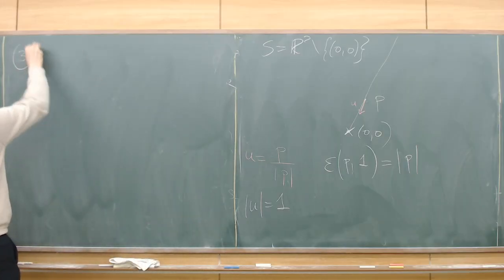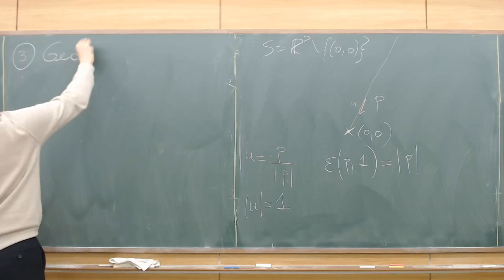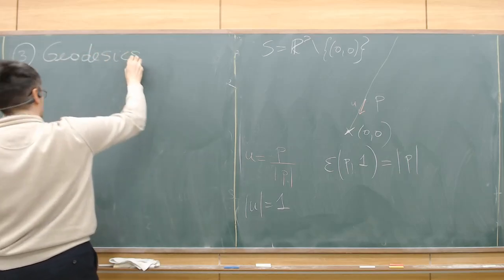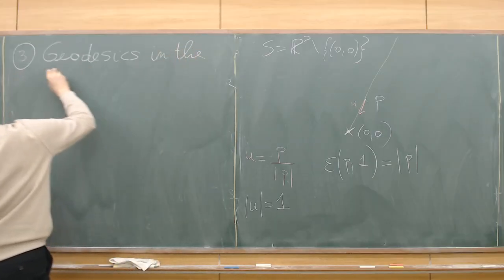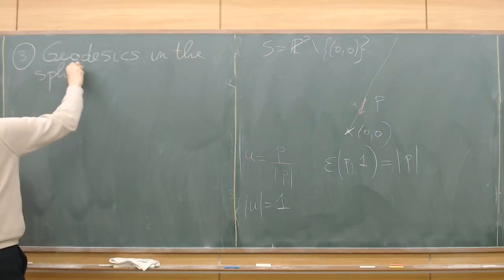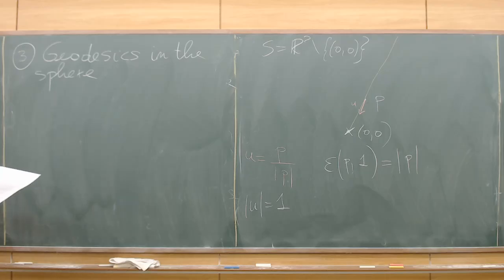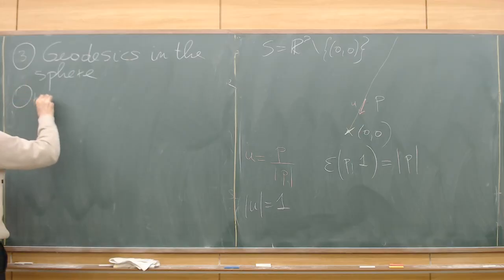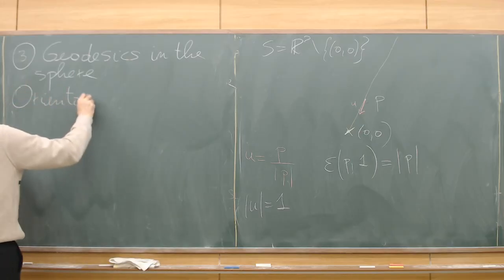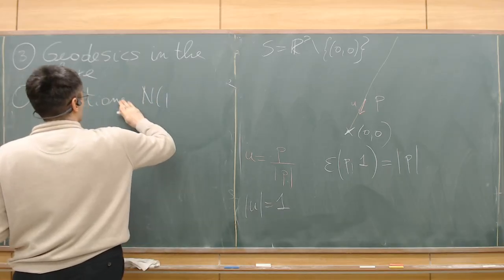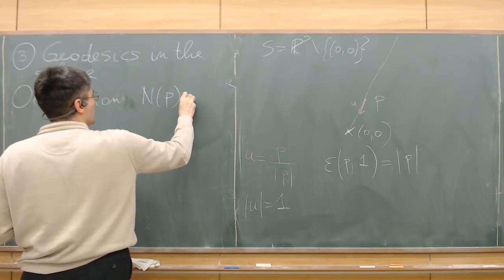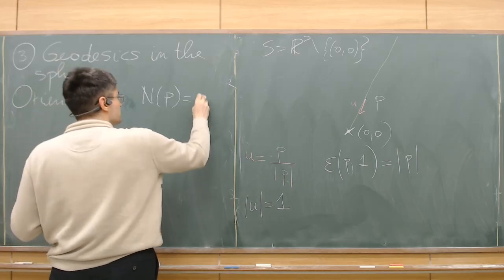Example number 3, geodesics in the sphere. Consider the orientation given by this normal unit field.